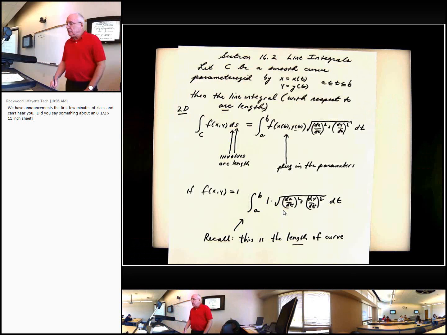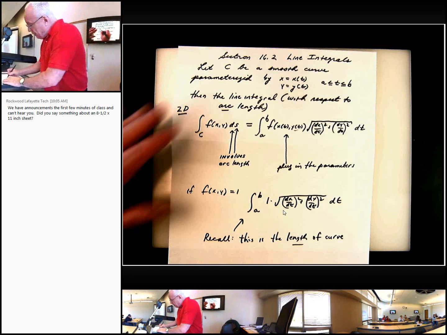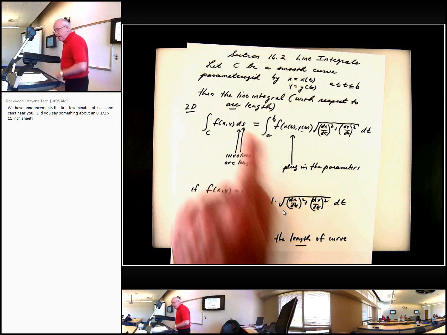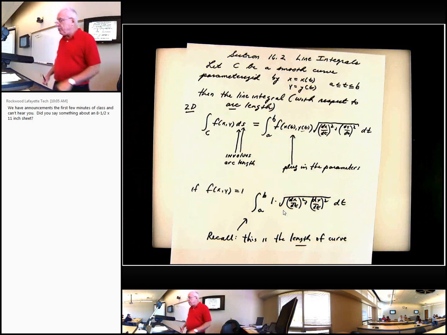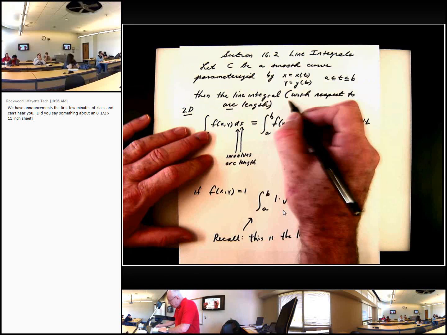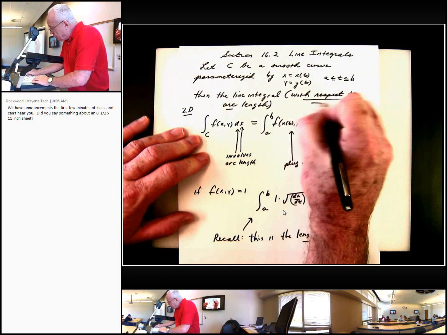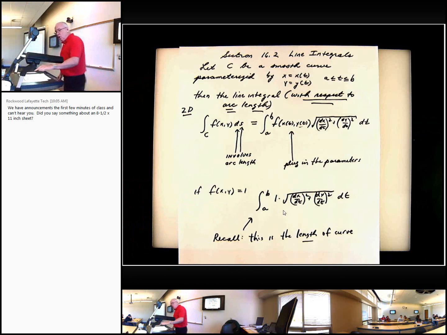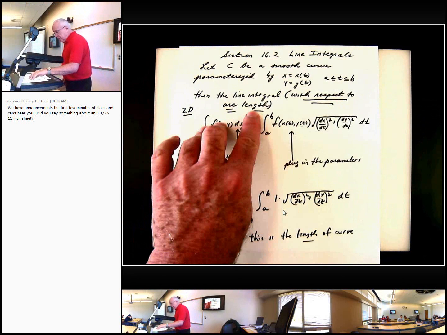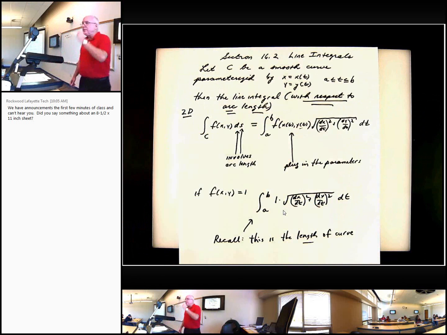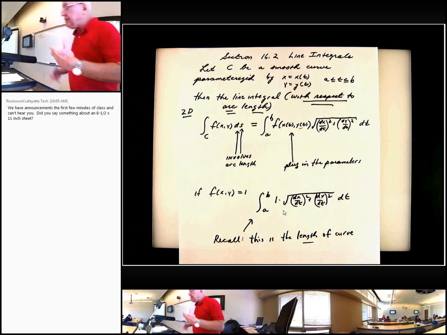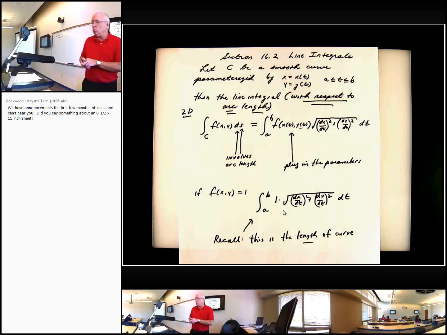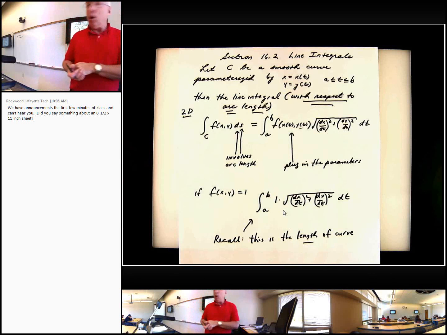This line integral here that we're talking about, where we integrate with respect to s, ds, also has a particular name that we can call it, and you might want to make a little note in your notes, that this is called the line integral with respect to arc length, because s represents the arc length. So that's a special name that we can have for that integral, the line integral with respect to arc length.